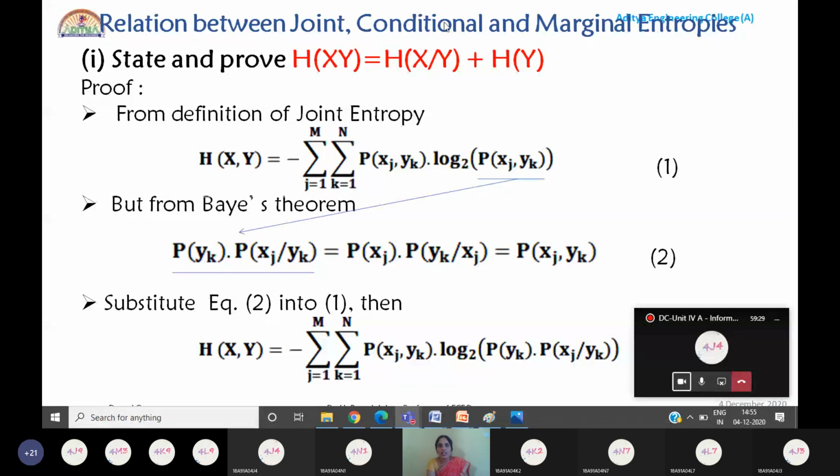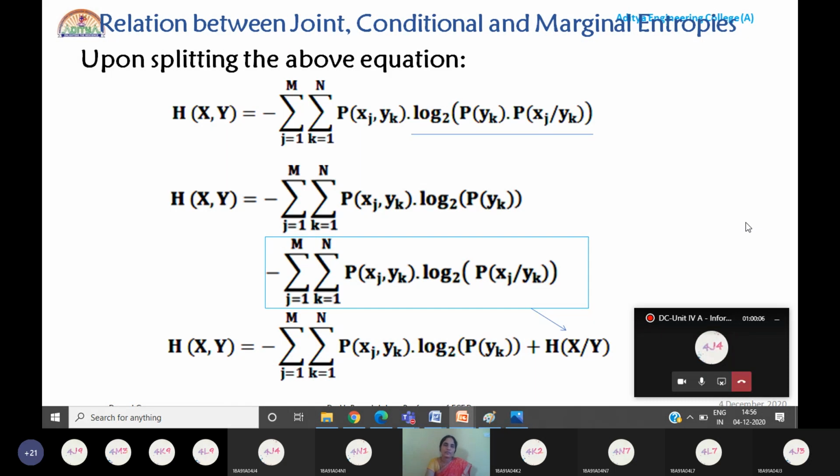Whatever you want to define on the RHS, correspondingly you define the probability matrices, that is p of y, p of x by y. So that's why we are replacing like that. After replacing, it is now in the form of log of a into b, so now you have to split it into two terms, log a plus log b. In the next slide, we'll split the term inside the logarithm; log ab will be log a plus log b.